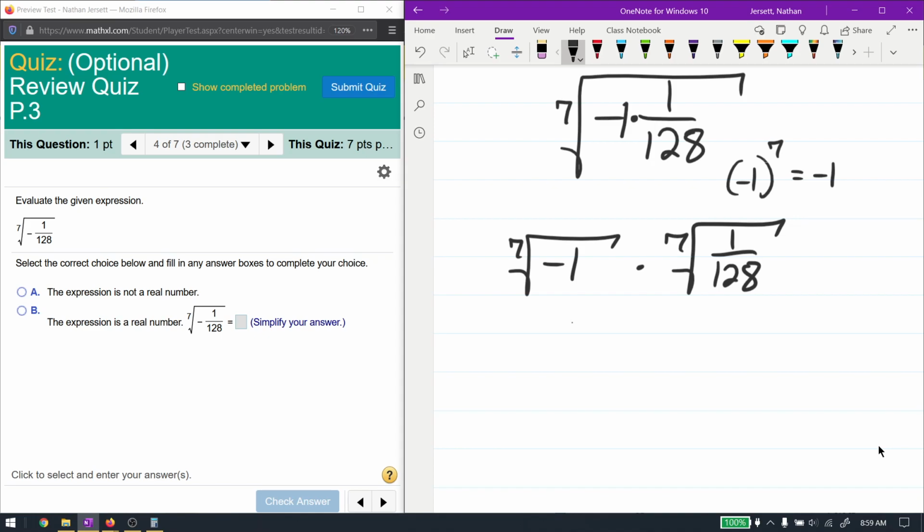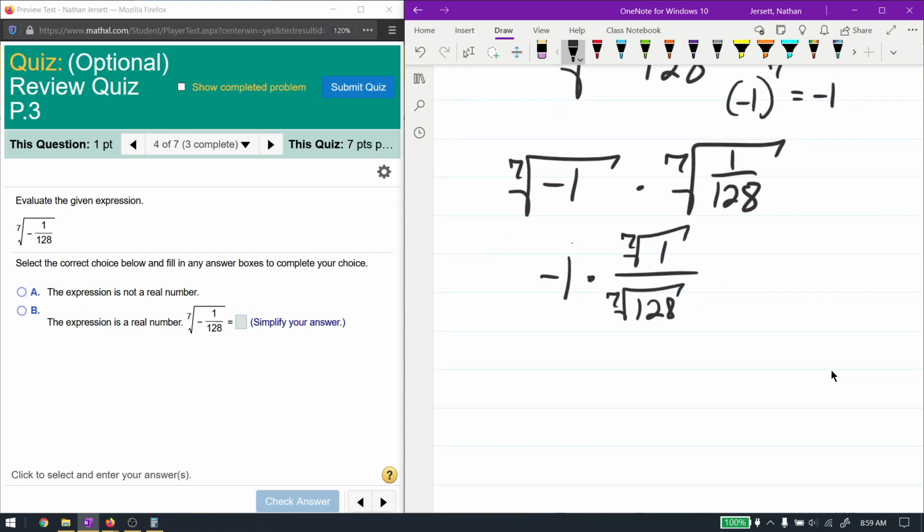But this one becomes negative 1. And this one, I can rewrite by breaking it up over the top and bottom. The 7th root of 1, again, 1 to any power is 1, so the 7th root of 1 is 1.